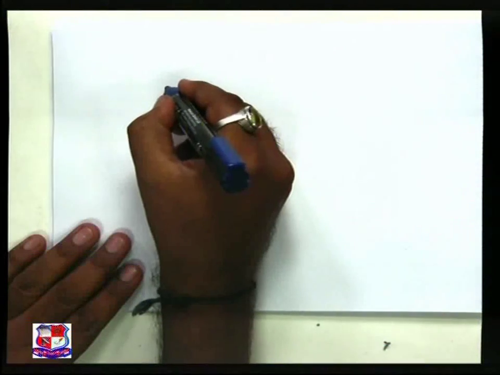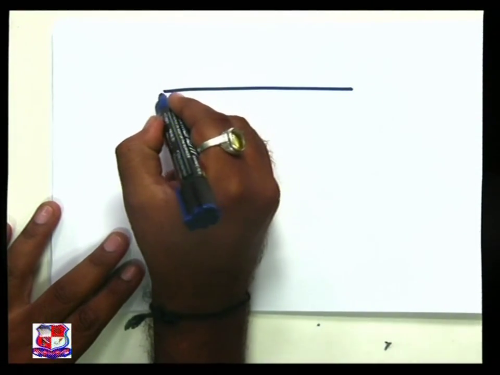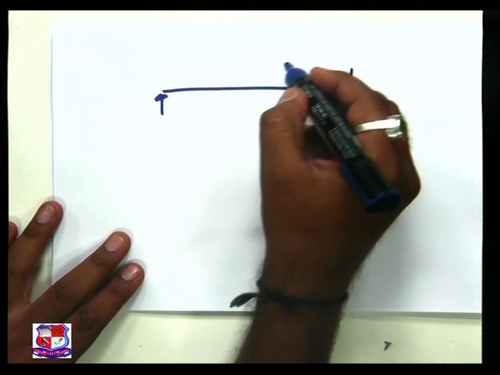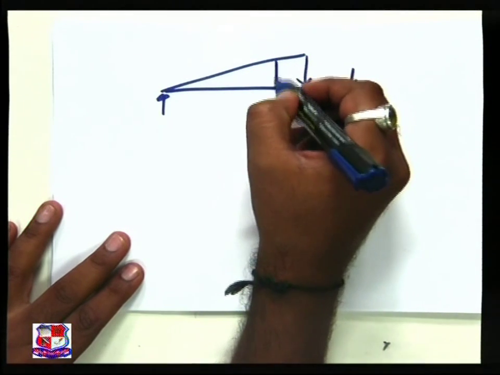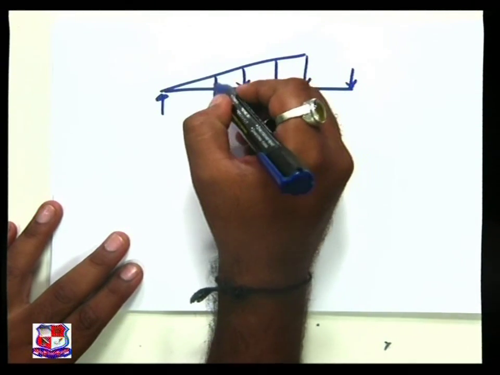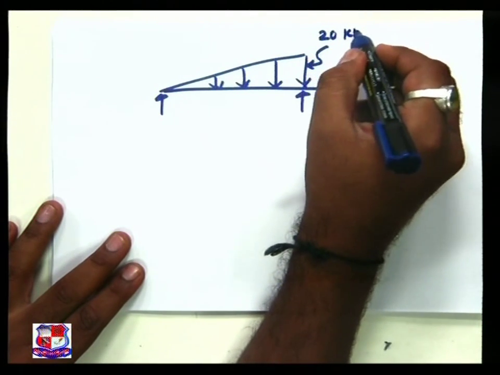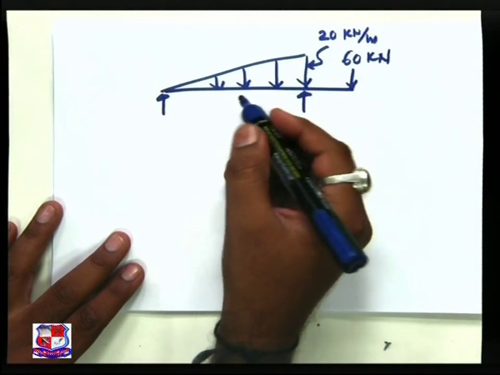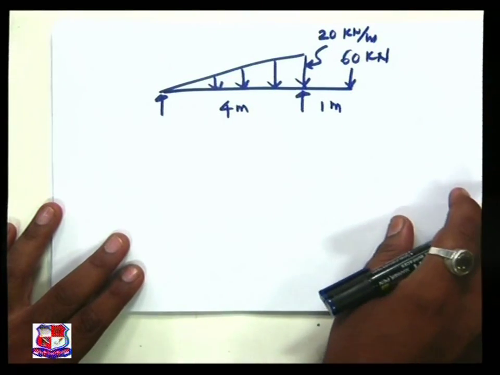Now the given beam is an overhanging beam, with a load of 20 kilonewton per meter, a 60 kilonewton load, a length of 4 meter and a length of 1 meter.